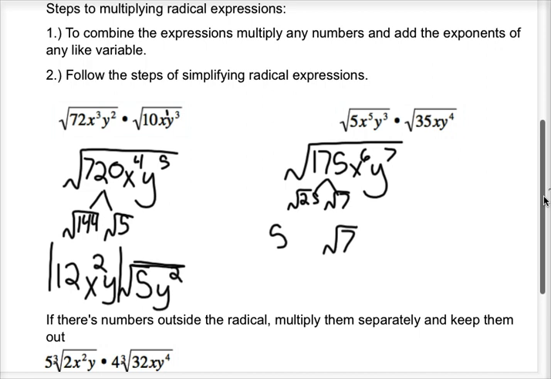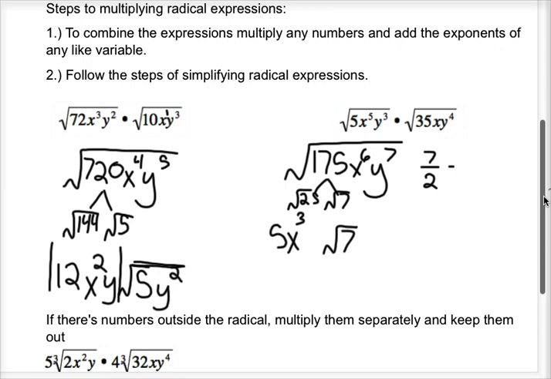X to the 6. I take that 6, I divide it by the index. Well, that means x to the 3rd fully comes out. All right? And now, the piece that doesn't, the y to the 7. So I take 7 and I divide it by the index.